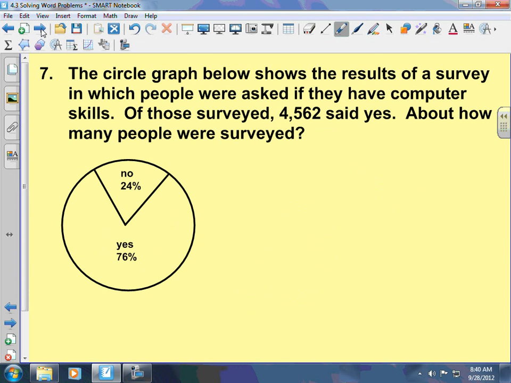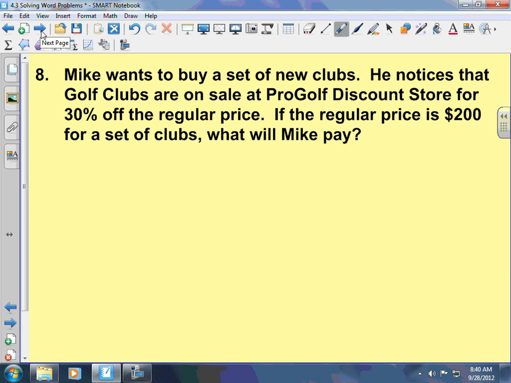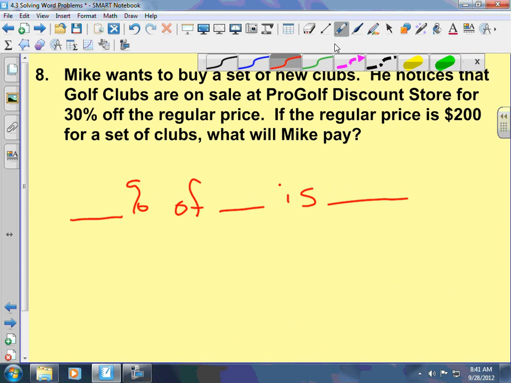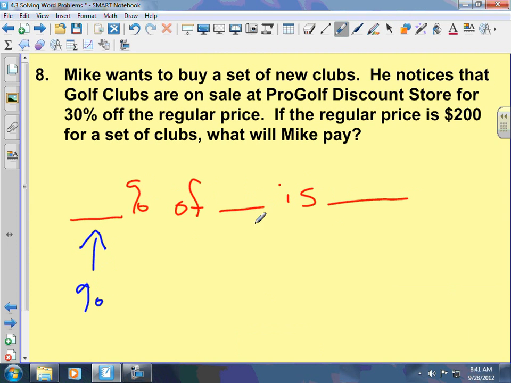Okay, this one, same thing. You can do it. Here we go. Number 8. I see a percent, so right away I'm going to go blank percent of blank is blank. Okay, if you remember, this obviously is my percent.